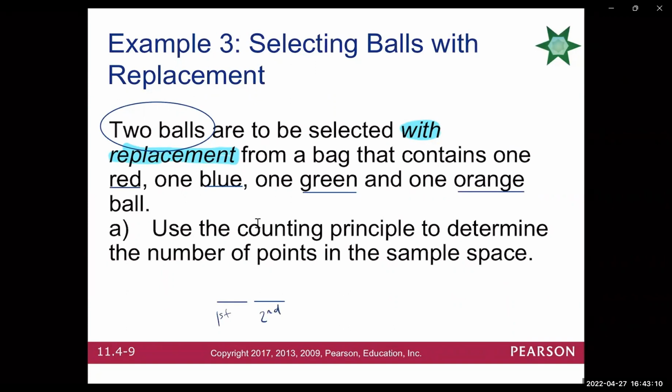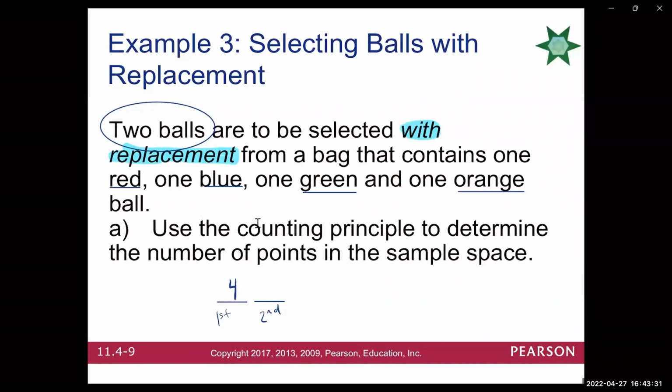If you reach into the bag, how many different balls are there in the bag? 4. One red, 1 blue, 1 green, 1 orange. So that's 4 different possibilities.